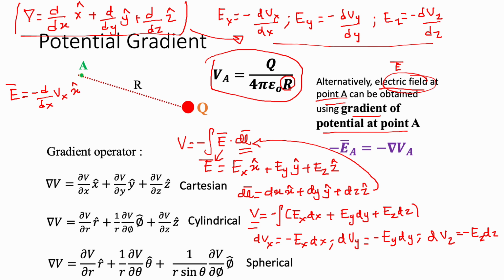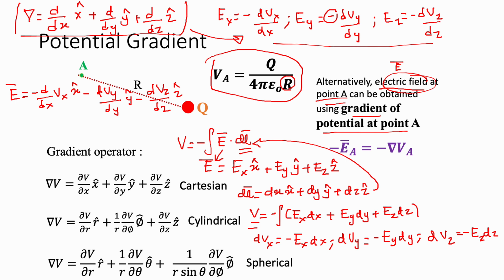So instead of positive, it will become negative, because there is a negative here. So negative dvy over dy in the y direction, minus d vz over dz in the z direction.